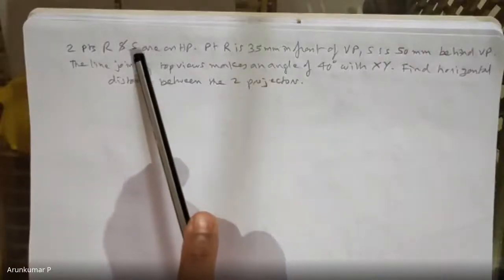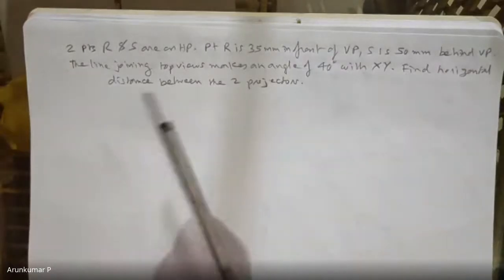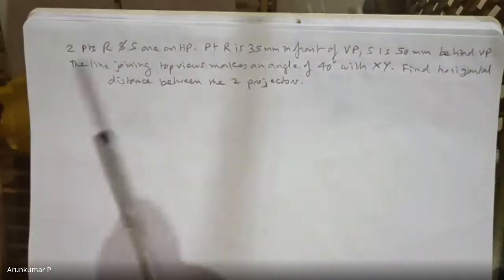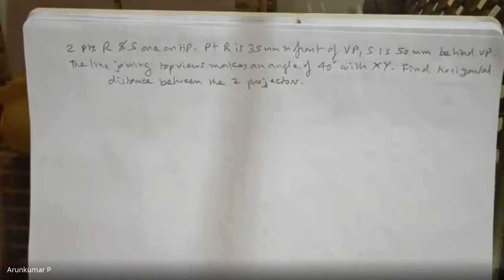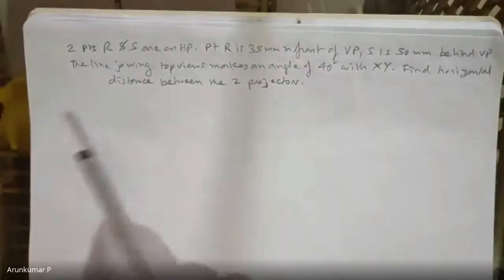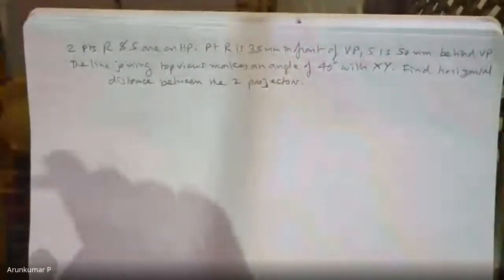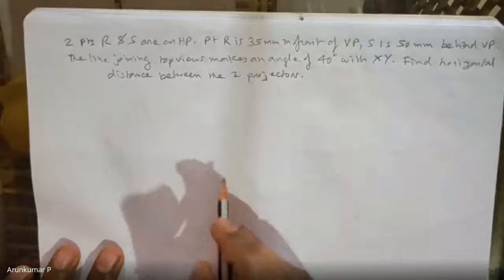Second. Yes, point S is in the second quadrant. So S is again on HP, but 50 mm behind VP. So R is in the first quadrant, S is in the second quadrant. The line joining the top views is making an angle of 40 degrees with XY. Horizontal projector you have to find. So its solution also will be somewhat like this.